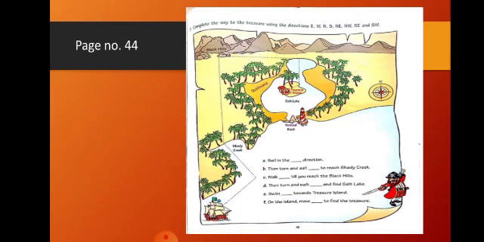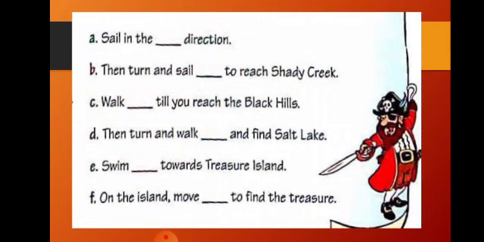Walk N means walk north till you reach the Black Hills. D. Then turn and walk E and find Salt Lake. See the picture. The questions are given in your book. The same questions are given in your book, and the picture is also displayed on page number 45.